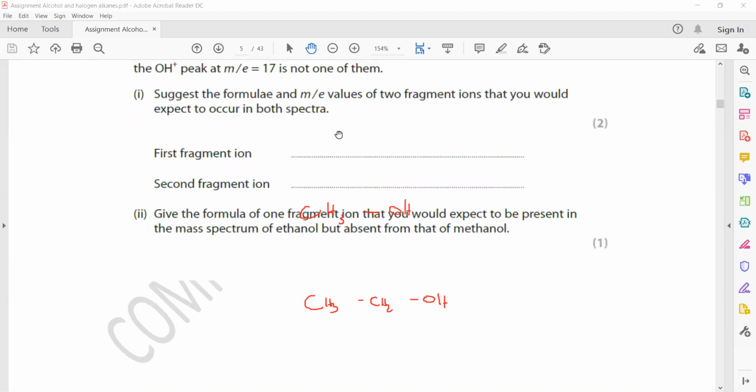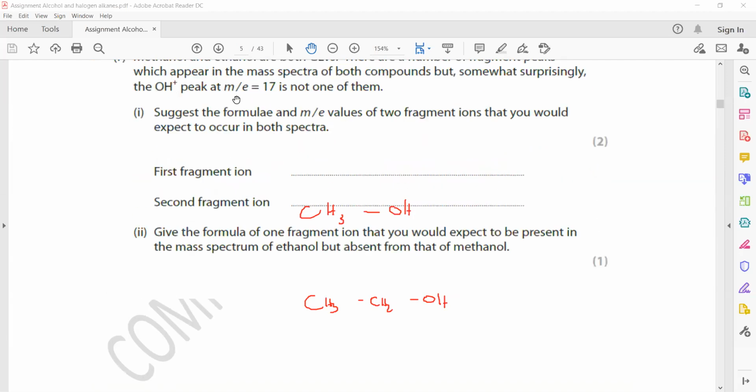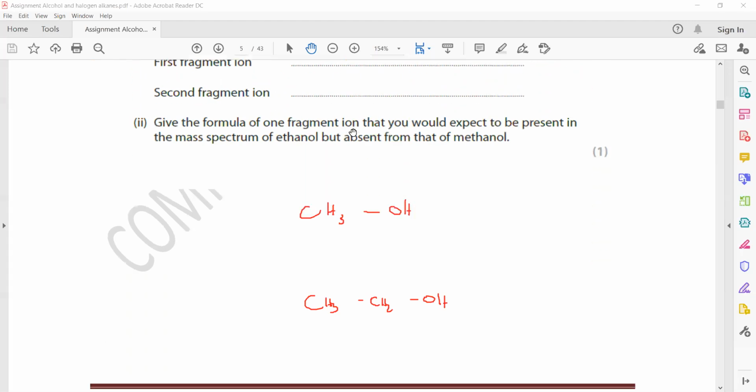So we have to name the fragment, since somewhat surprisingly the OH peak at m/e 17 is not one of them. So which one is there? When we break a molecule into fragments in a mass spectrometer, it will break down into multiple fragments.